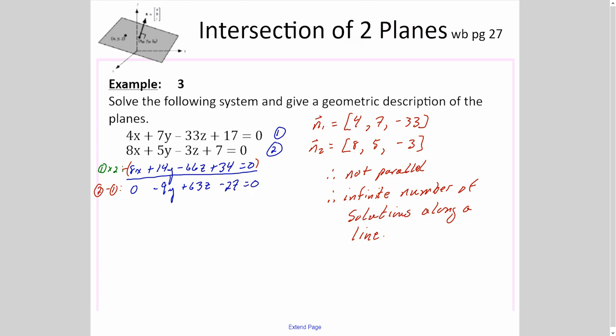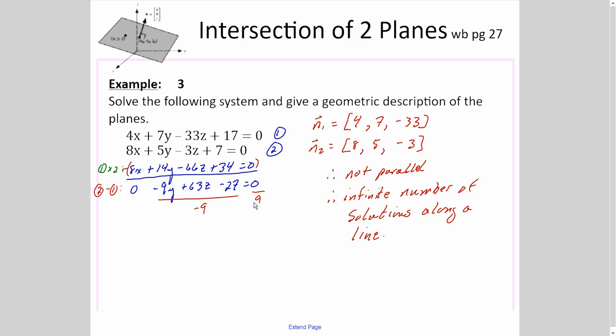Always, always, always look for reductions. And hopefully you see that everything can be divided by 9. So I can divide everything here by 9, and whatever I do to one side, I have to do to the other. Now, I'm going to divide this by negative 9, so I make my leading term positive. It doesn't matter, you can do it either way.